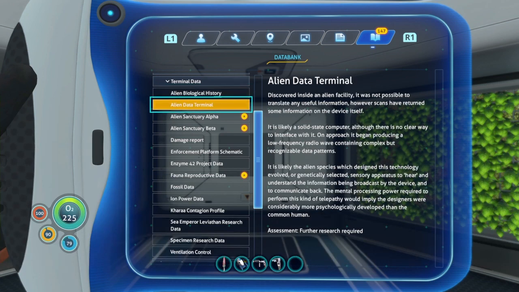Moving along. Alien Data Terminal. Discovered inside an alien facility, it was not possible to translate any useful information. However, scans have returned some information on the device itself. It is likely a solid-state computer, although there is no clear way to interface with it. On approach, it began producing a low-frequency radio wave containing complex but recognizable data patterns.